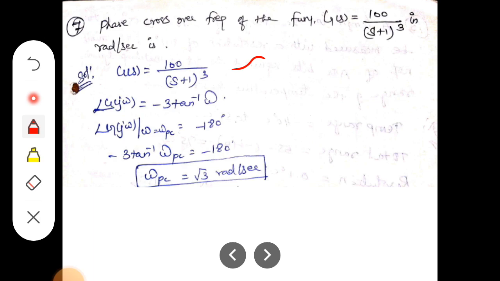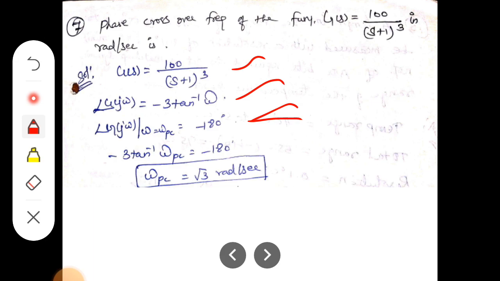In general, we want the phase crossover frequency. We know the formula: angle of G(j omega) at omega equal to omega pc is equal to minus 180 degree. So equating both equations, minus 3 tan inverse of omega pc equals minus 180 degree.